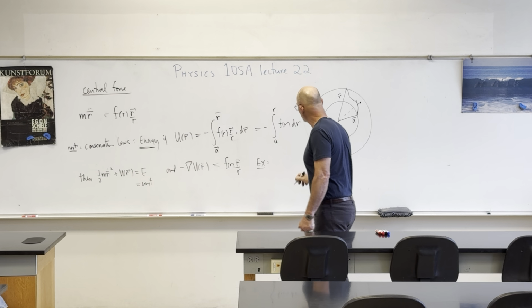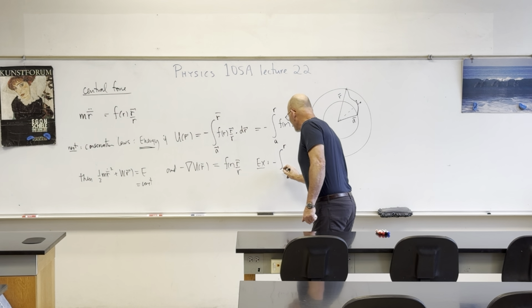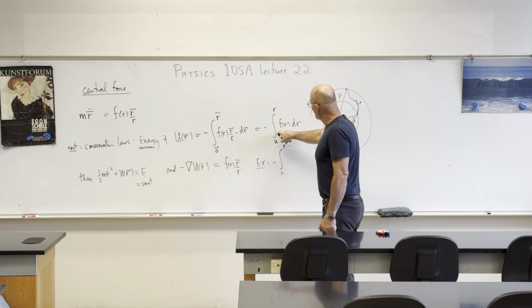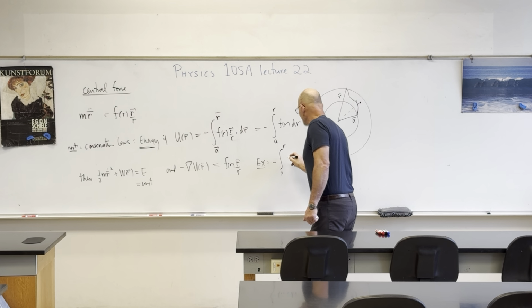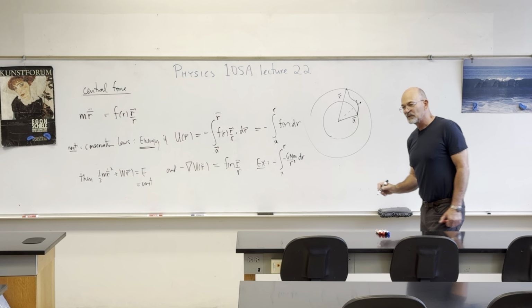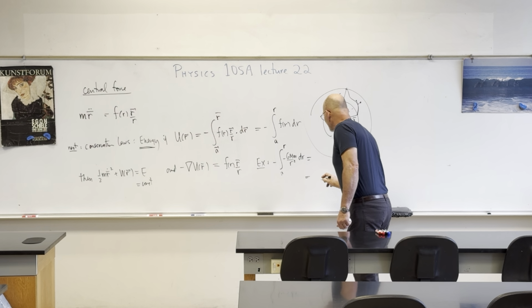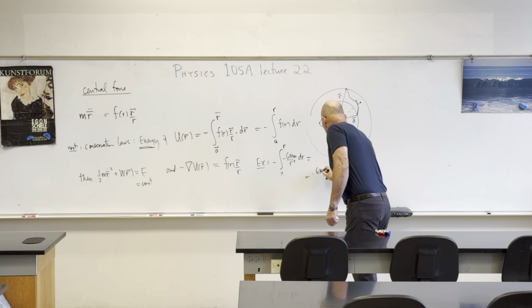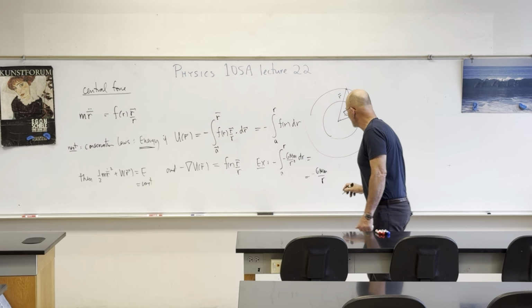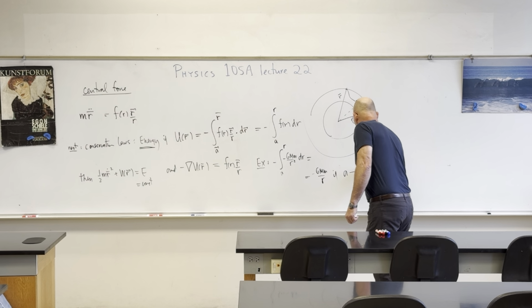So the example for this integral would be minus, I'll leave this actually, that'll be fine. What was our Newton's law there a minute ago? We could have minus G M over r squared dr, and we'll get the negative G M over r if we let A go to infinity.